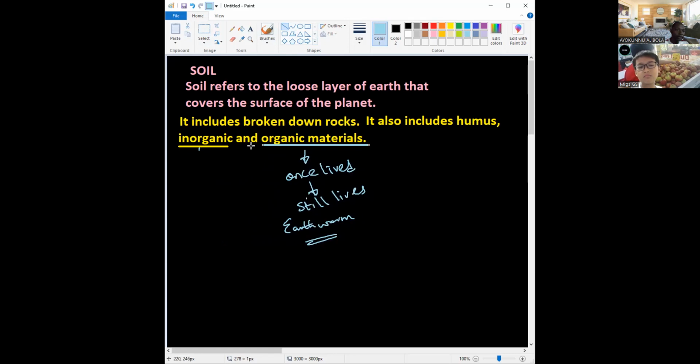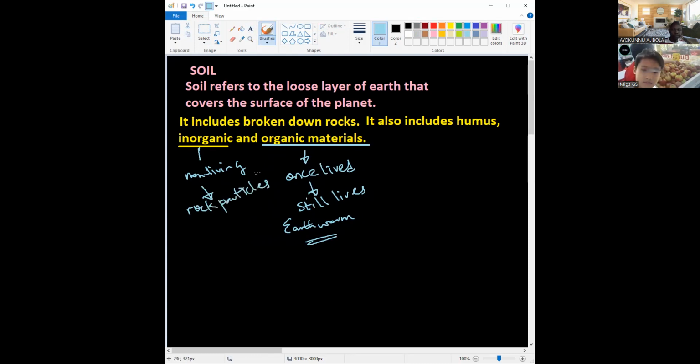But talking about inorganic, this is non-living. Non-living particles or rocks or elements or nutrients in the soil. So we can talk about the rock particles.